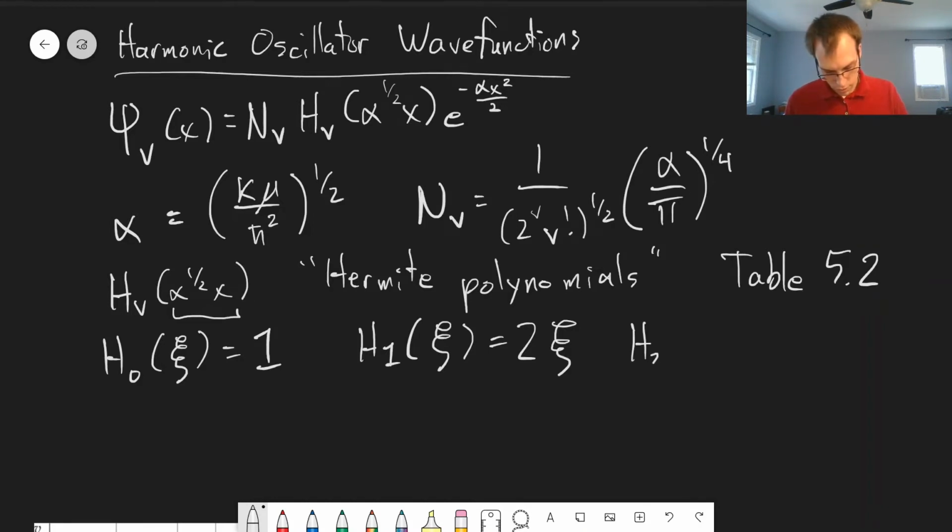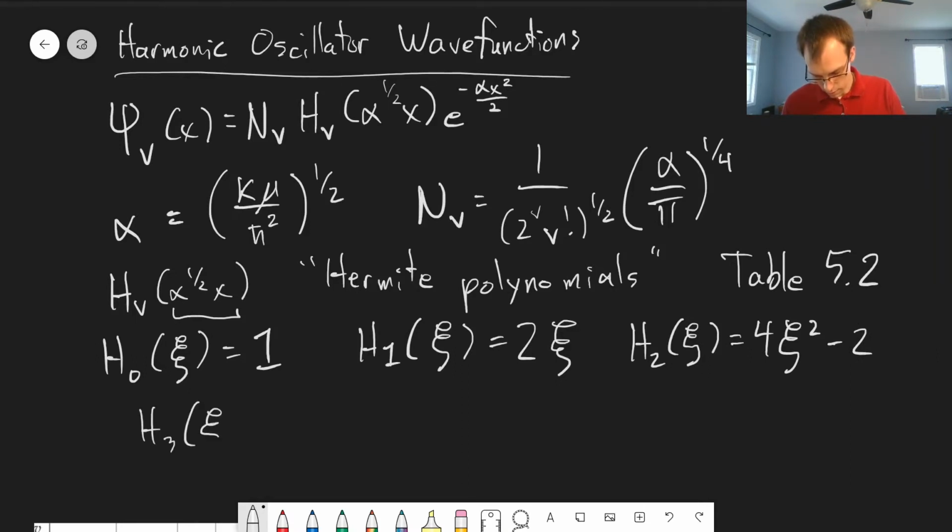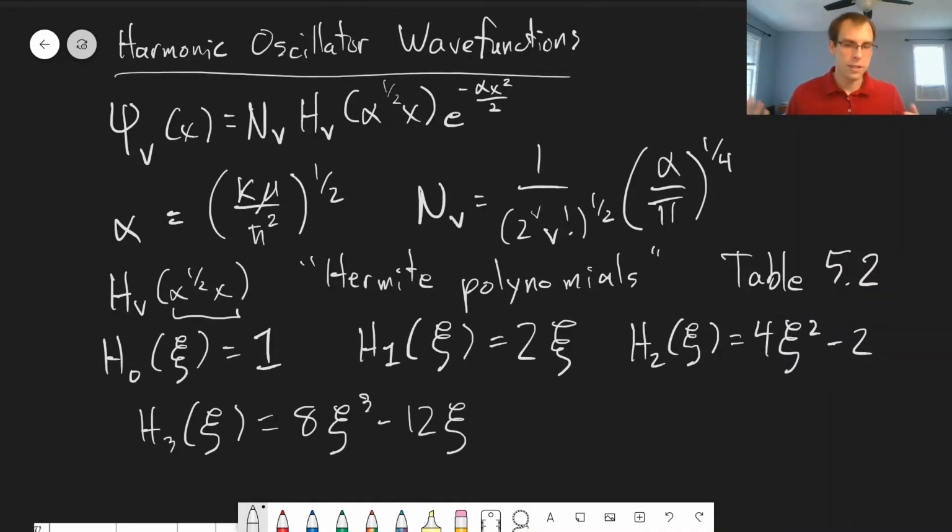H2 starts to get a little bit more complicated: 4 zeta squared minus 2. And then H3 is equal to 8 zeta cubed minus 12 zeta. And this is a whole series that just keeps going.